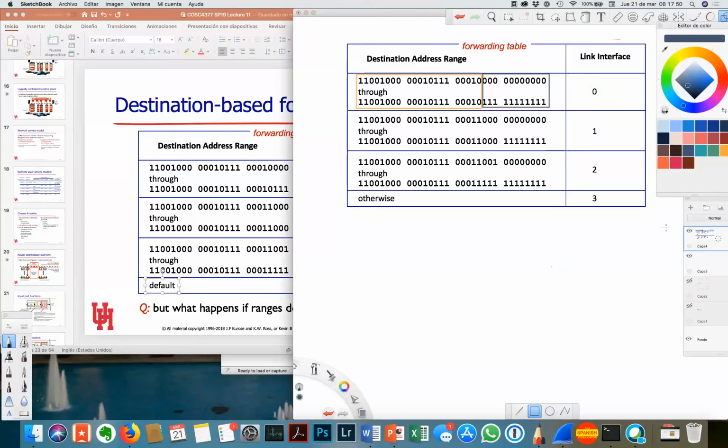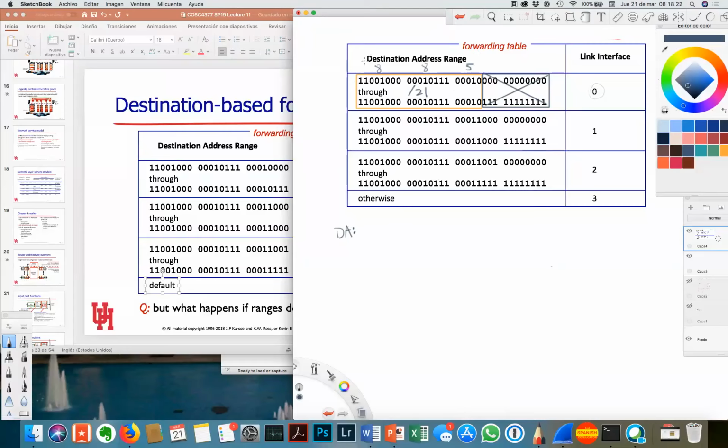So what I really can do is ignore these last bits and just pay complete attention to the first 21 bits. So I'm going to look at the first 21 bits, and if they match my destination address in my packet that showed up, then I will send it to link interface 0. All right, so far so good.